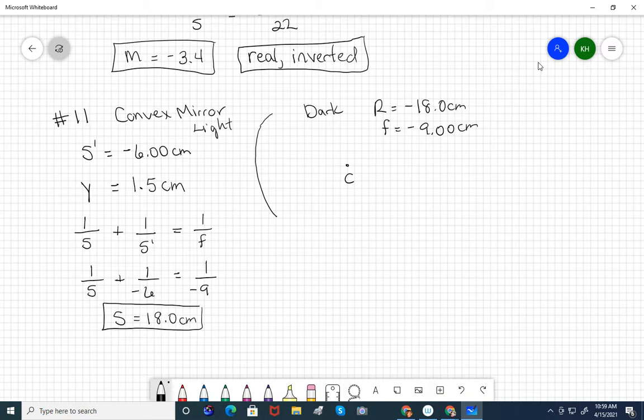Let's look at the size and orientation of the image. We know that y prime over y equals negative s prime over s. The original height, the object, is 1.5 centimeters. The image distance is -6 centimeters. Wait, this is negative. So negative over -6 is going to be +6 centimeters.